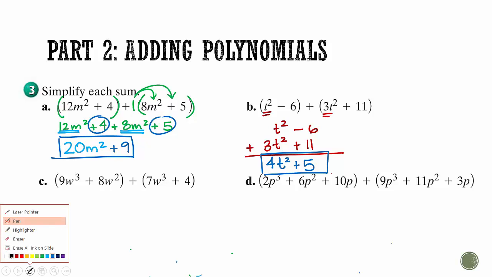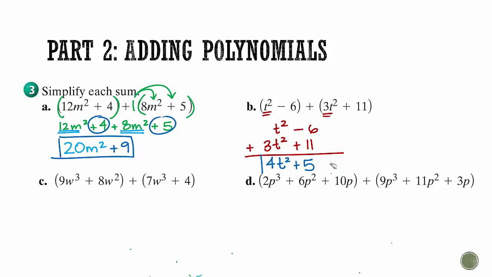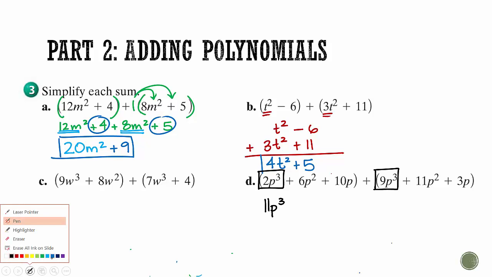We'll leave C for you to do on the Can You Prove It, but let's talk about D. So D is a little strange because if we start looking at like terms, I have 2p cubed plus 9p cubed, so that's easy. I just get 11p cubed. And then next I'm looking for squares because I want to write this in standard form.